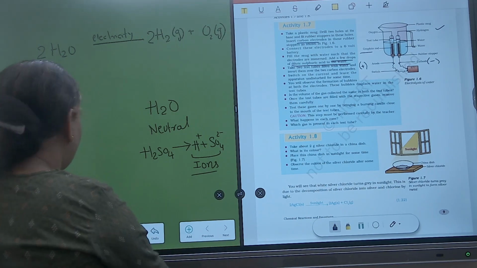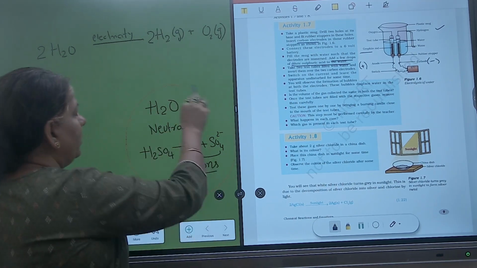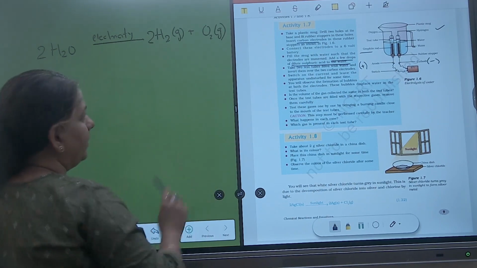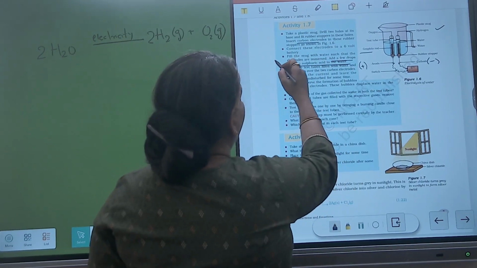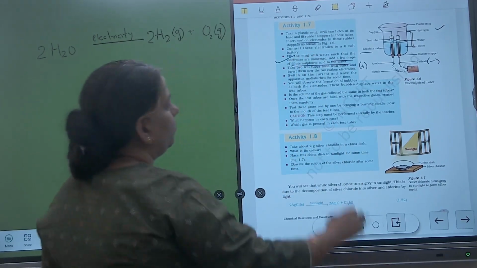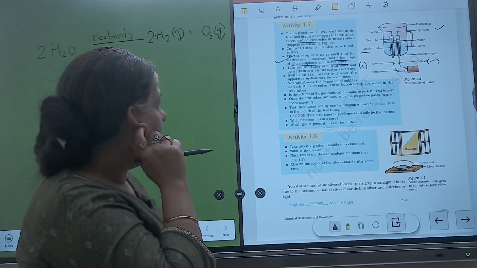So this is one question that is often asked, that explain why or give reason why few drops of sulfuric acid are added.